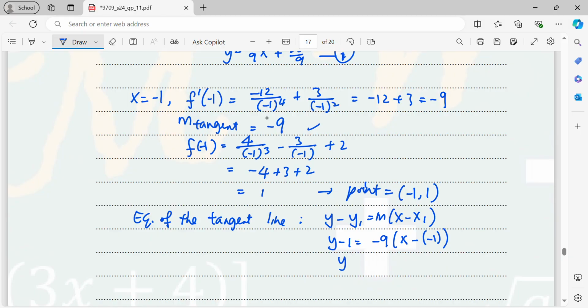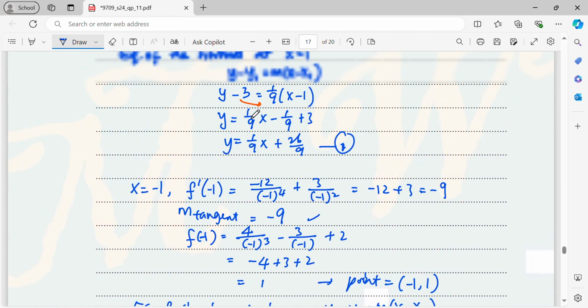That means this minus 9 times x will be minus 9x, and this minus minus 1 is plus 1, so plus 1 times minus 9 is minus 9. The minus 1 here moves to the right side and becomes plus 1. So basically I'm getting the tangent line equation as y equals minus 9x minus 8. Okay, this is my second equation.